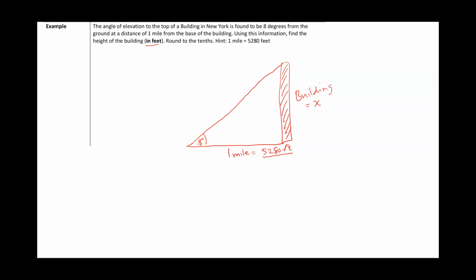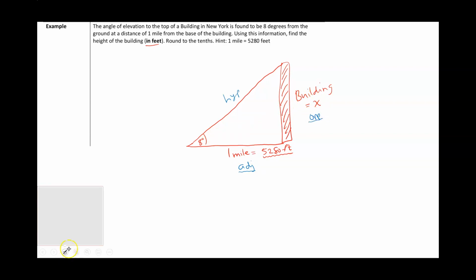So let's label this in terms of the angle that's given. The hypotenuse is going to be the diagonal, but we don't really care about that because that has nothing to do with the problem. The side connected to 8 degrees is the ground distance, which is going to be the adjacent side. And across from that is the building, so that's going to be the opposite side.